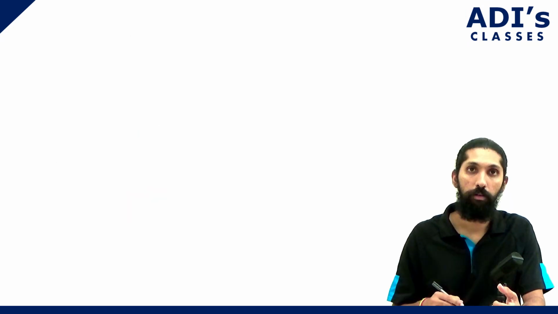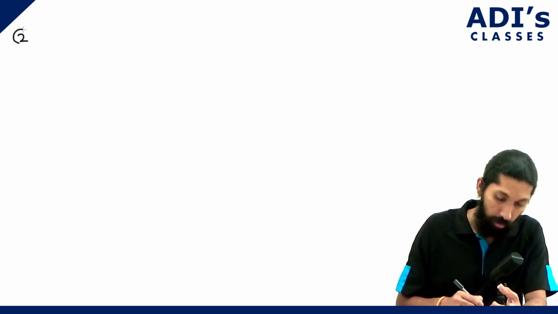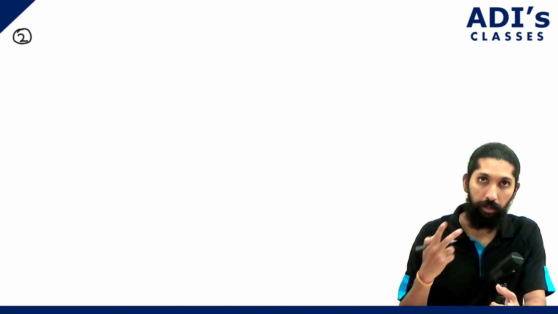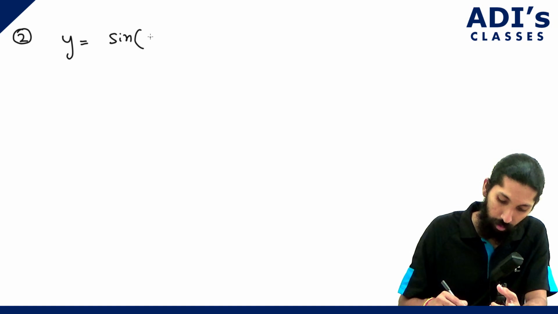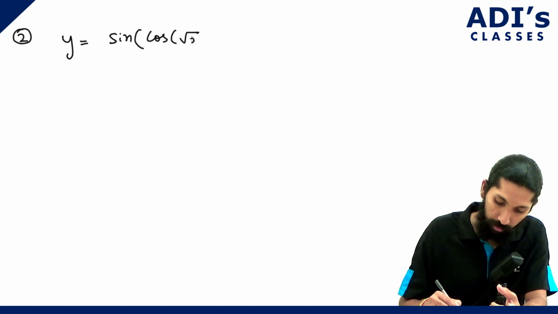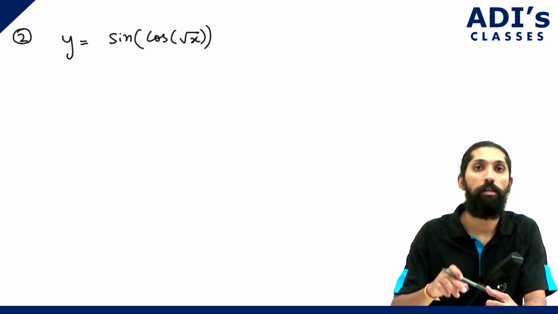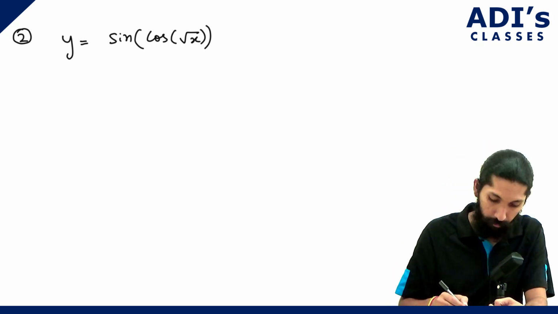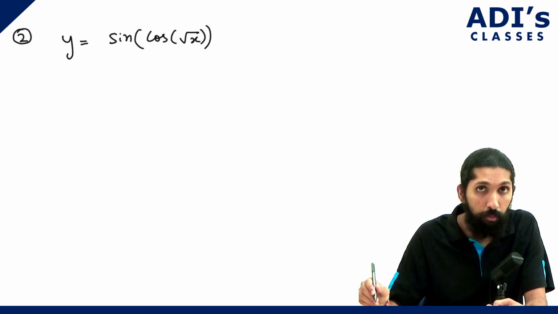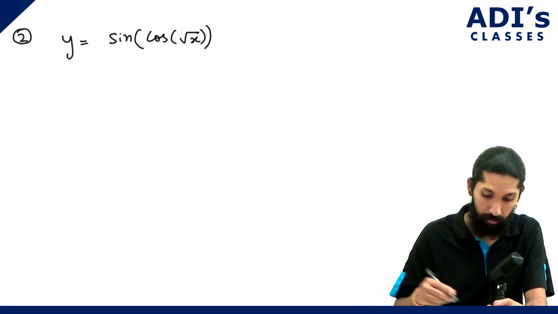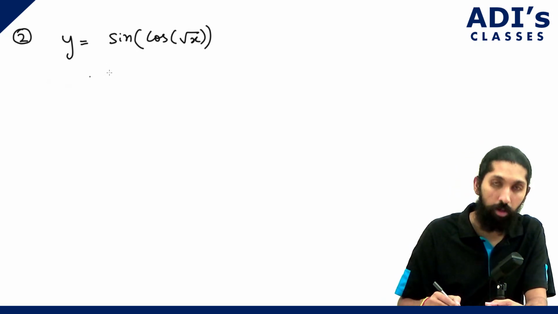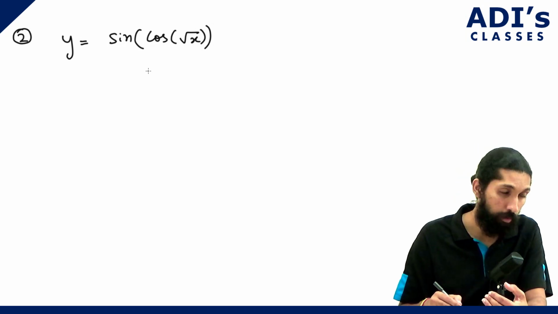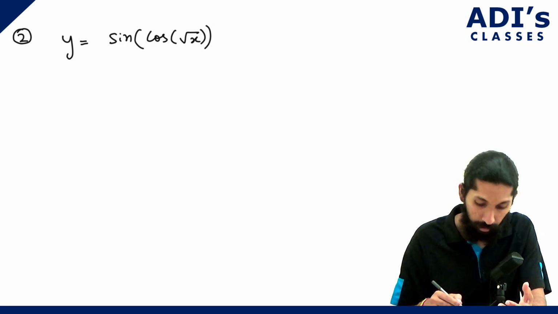In the second example, we'll take three functions rather than two. Let's say we have y is equal to sine of cos of root of x. We can start by taking the innermost function. You can call them u, v, w, if you want three of them, however you like.